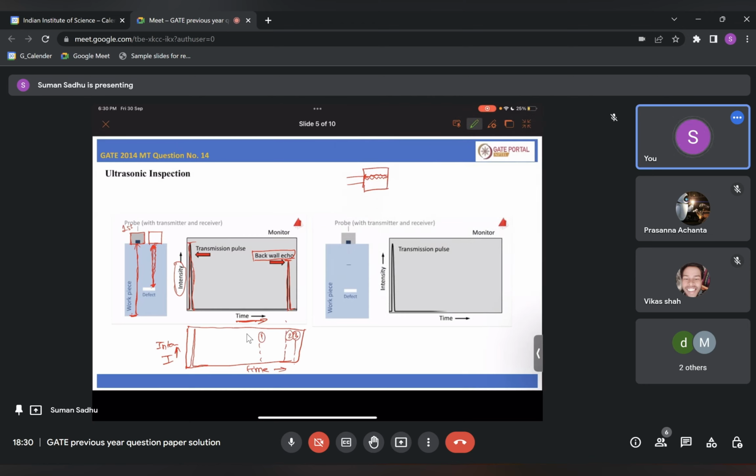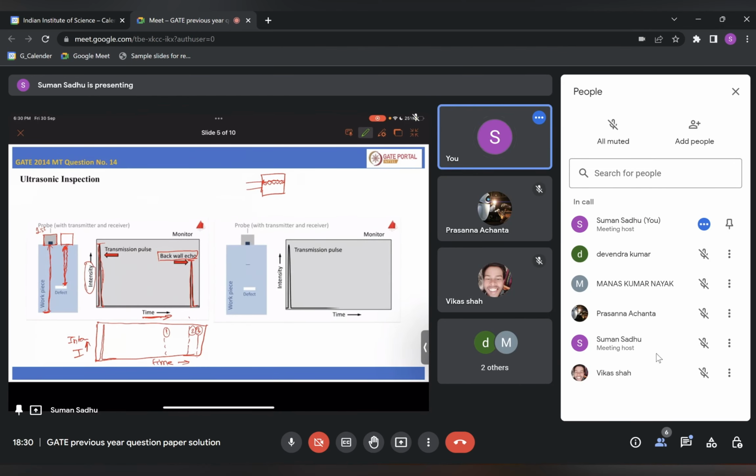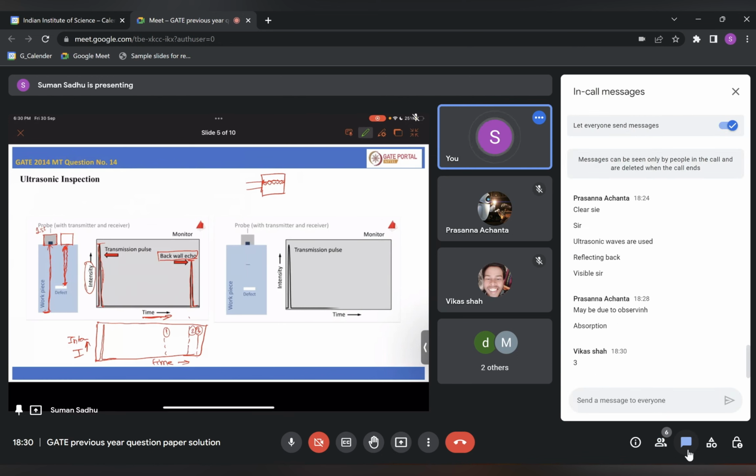Anyone? 3. Why? Why 3? The x-axis is time and the y-axis will be intensity. Obviously intensity will be less. Okay, the time taken will be more.